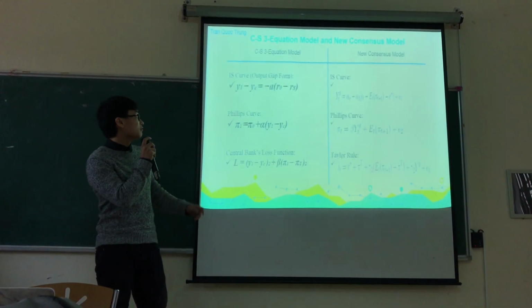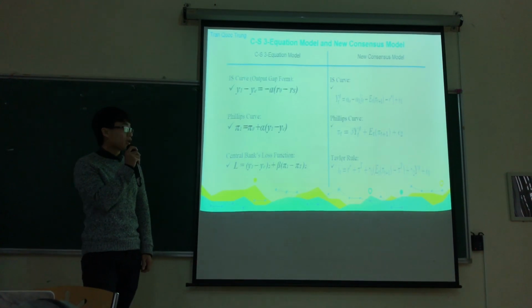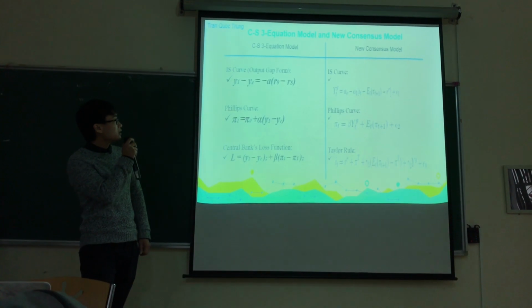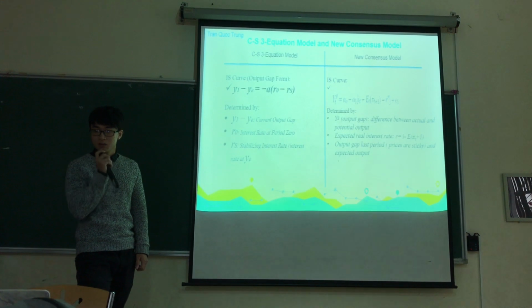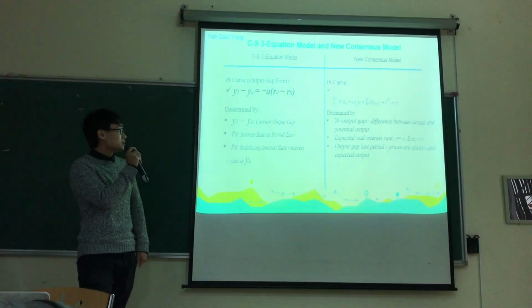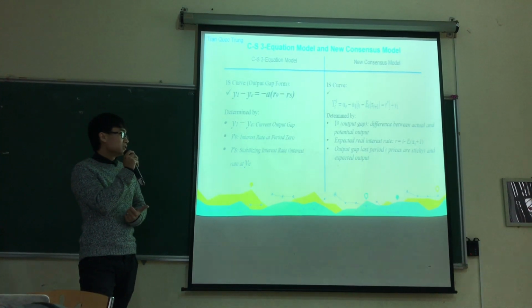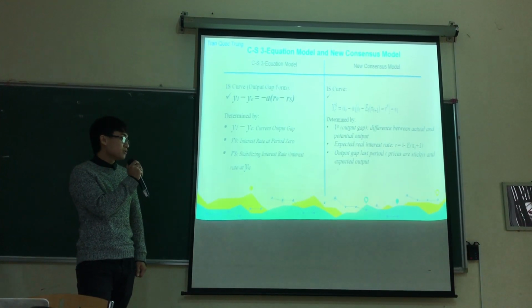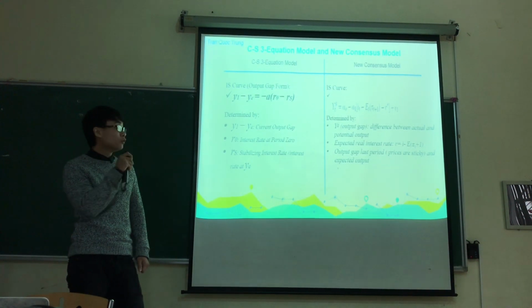And next one is the Phillips curve of the CF three-equation model. We talked about the IS curve. The IS curve here is determined by the current output, the interest rate at period 0, and the stabilizing interest rate, which is the interest rate at the equilibrium of output.